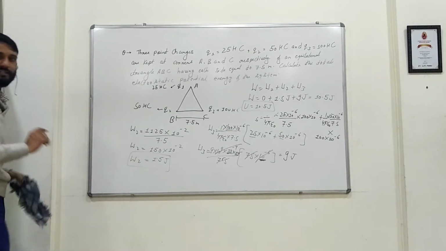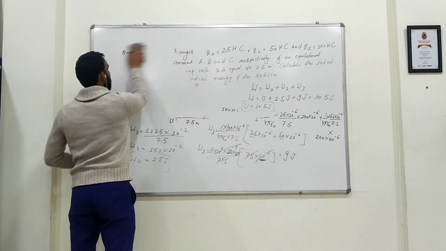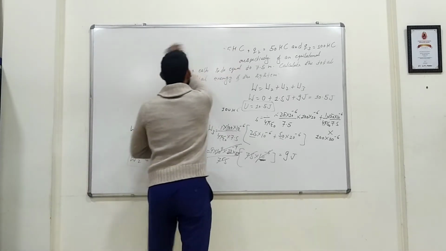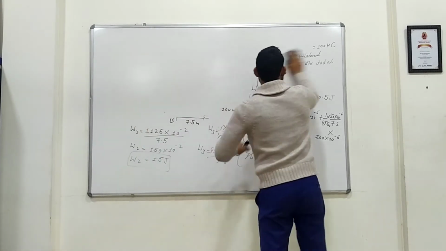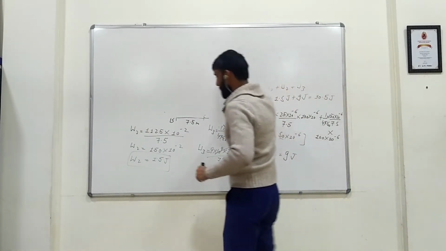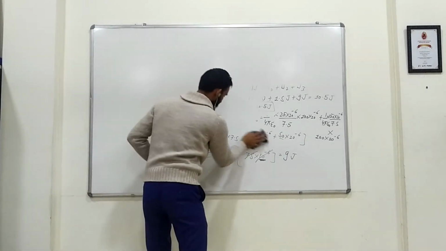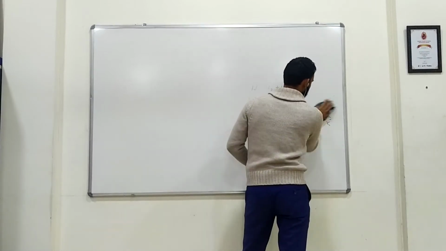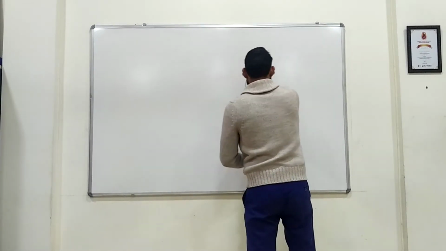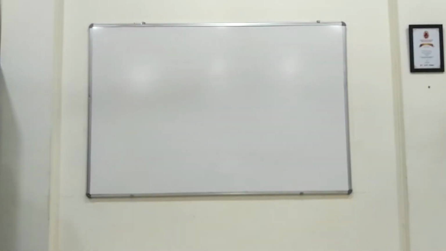Now one more derivation we will do, and that derivation is to calculate the potential energy when a dipole is kept in a uniform electric field. So up till now we should understand what a dipole is and what a uniform electric field is.